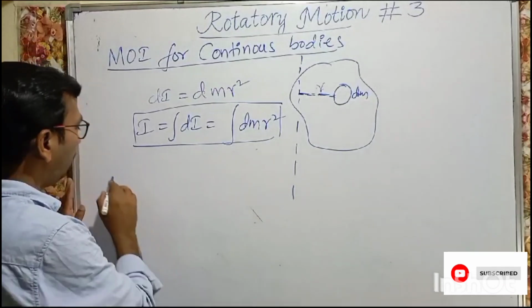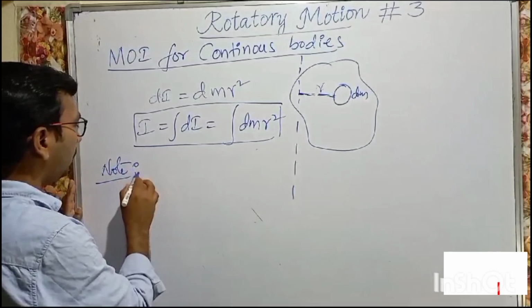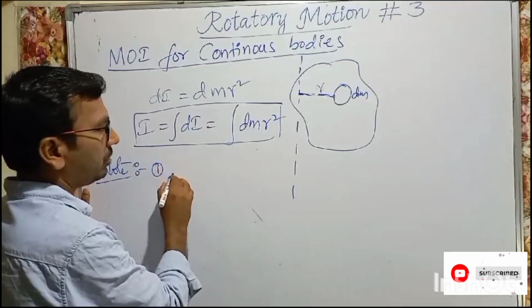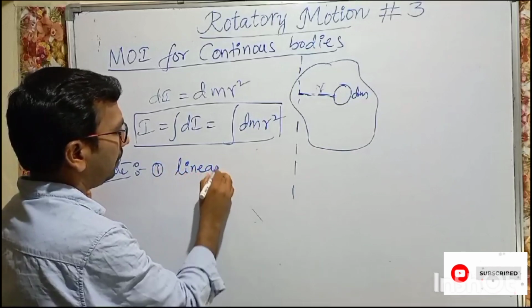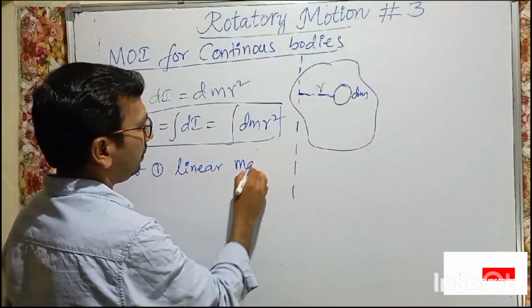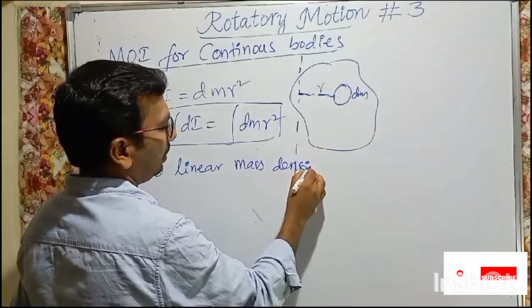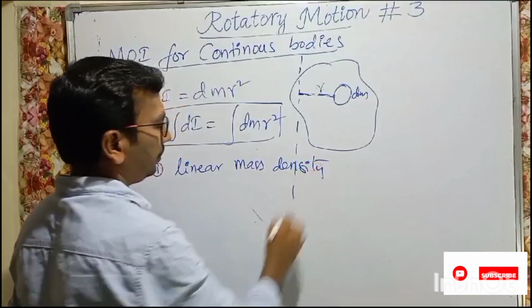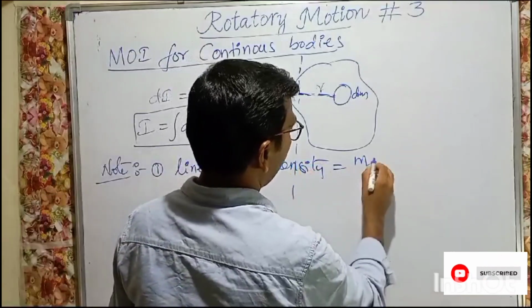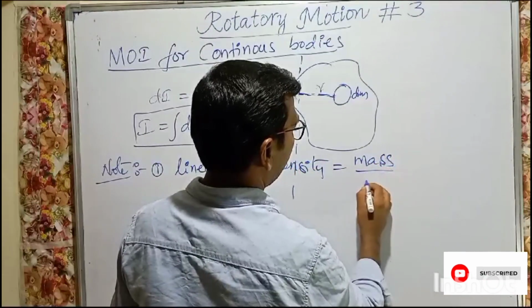So here note, first one, linear mass density, is equal to mass by length.